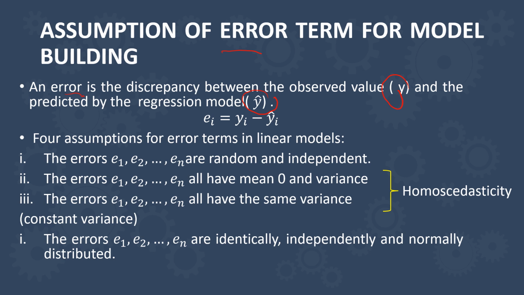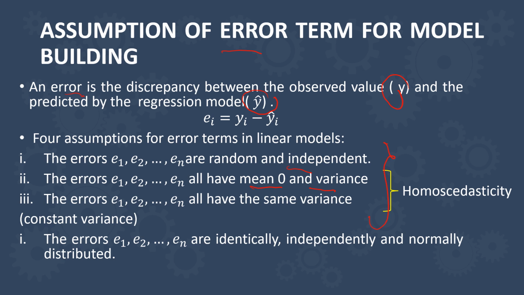For our linear regression models to be reliable, the following four assumptions about the error terms must be met. The first one: the errors should be random and independent of each other. The second: the errors should have a mean of 0 and constant variance. This means that the errors are centered around 0 and their spread is uniform, constant.